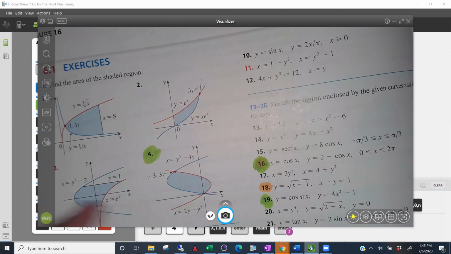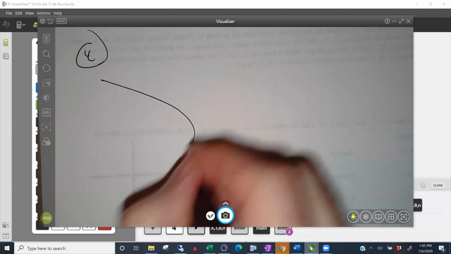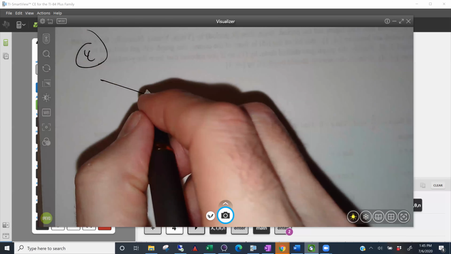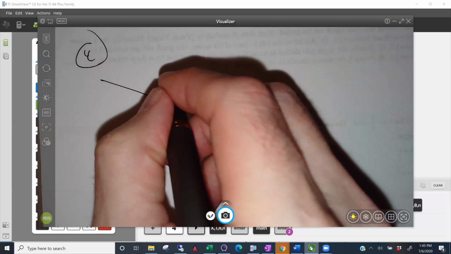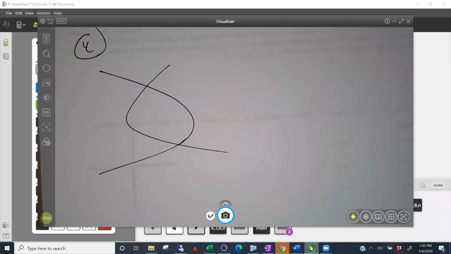So let me draw this as best I can, and we'll figure out the area between those two curves. So let's see. There's that one, and something like that.